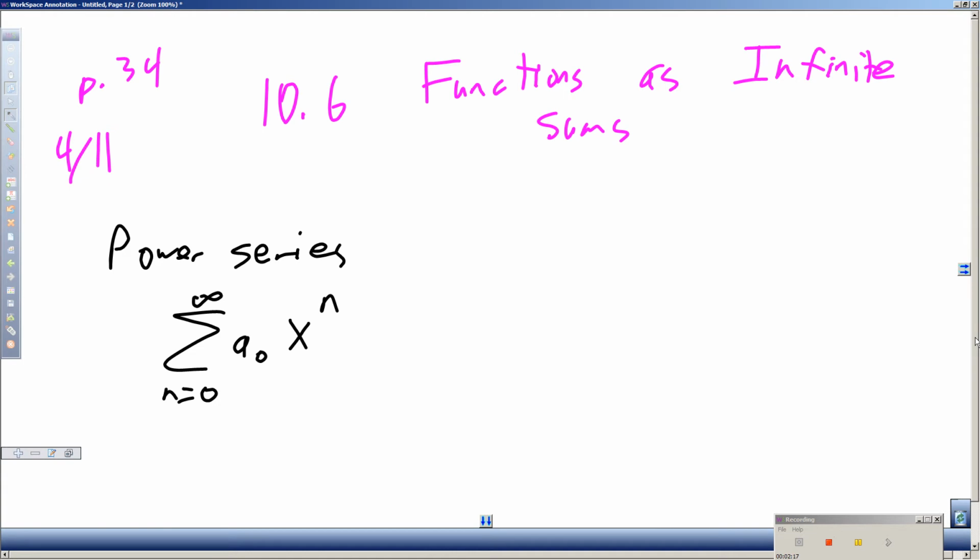That's just the review section. Our goal is to have a function and be able to write it as an infinite series. So for example, g of x equals 1 over 3 minus x. And we want to write this as a sum of an infinite series. However, it won't converge everywhere. We're going to ask, in what range does it converge?